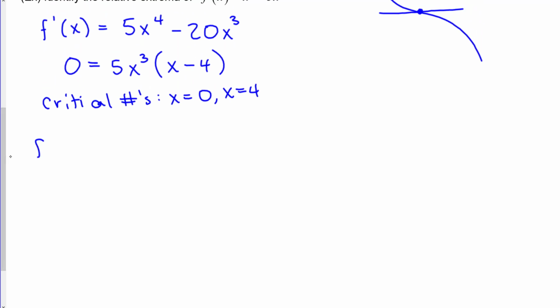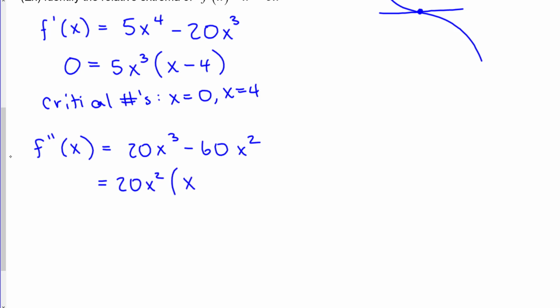So the second derivative test, of course, requires me to get the second derivative, which in this case would be 20x cubed minus 60x squared. Now, if I factor out 20x squared, that would leave me with x minus 3. I'm going to use this to determine whether or not these values are minimums, maximums, or neither.